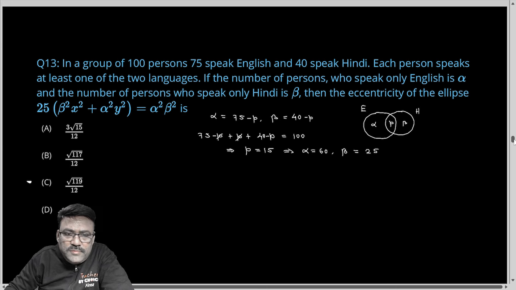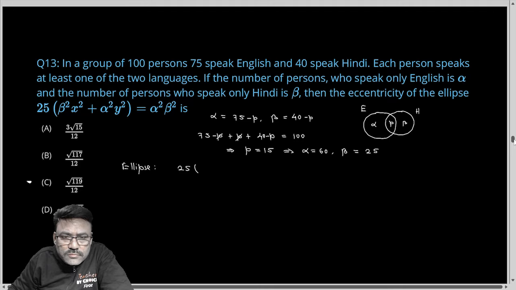So hence this ellipse is now what? This ellipse is basically 25 times beta square x square plus alpha square y square equals alpha square beta square, where beta square is 25 square. Let's divide the whole equation by alpha square beta square.